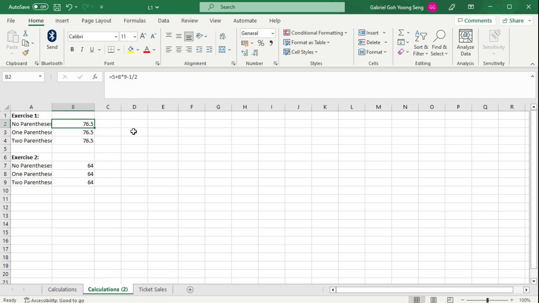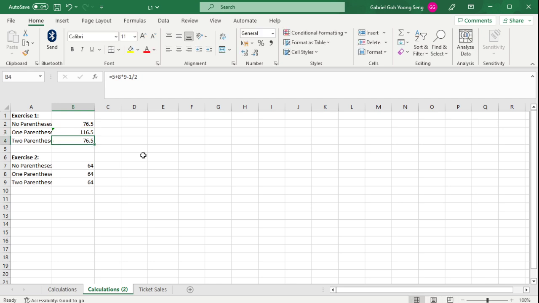Now, parentheses, or in other words, the brackets, are very important. If you remember your maths, brackets can make a change. So for example, this is no parentheses. Now, if I add brackets at the 5 and the 8, then if you know your maths well, we have to add together the 5 and the 8 first. So 5 plus 8, 13, then we do the multiplication and so on.